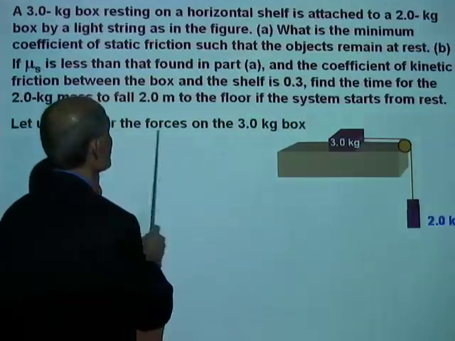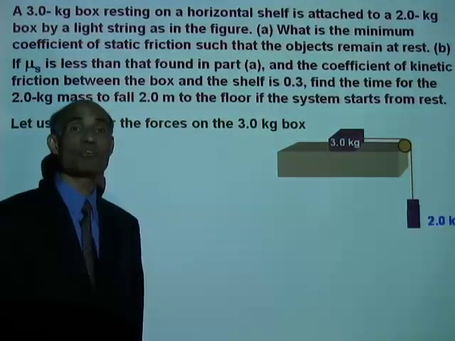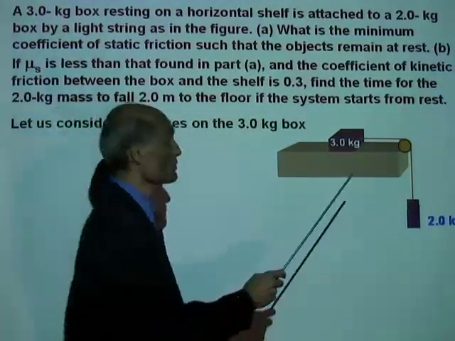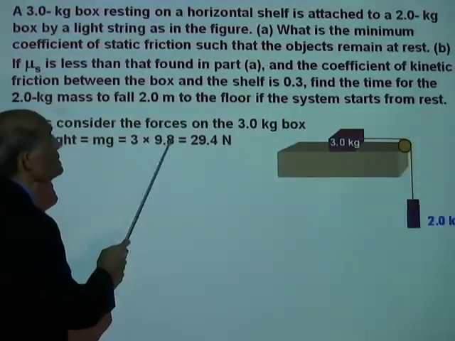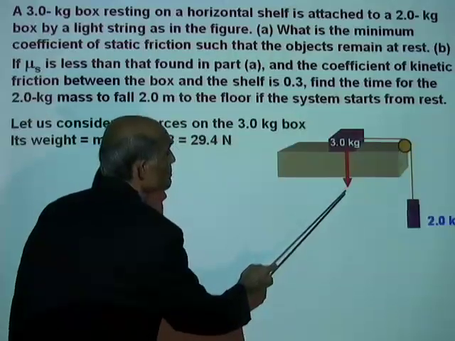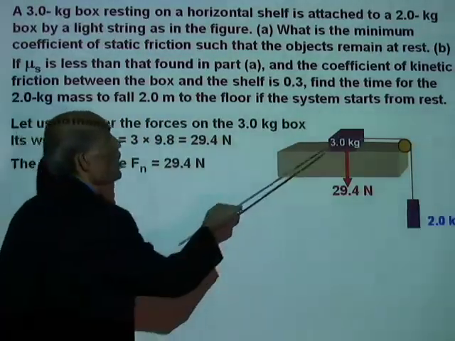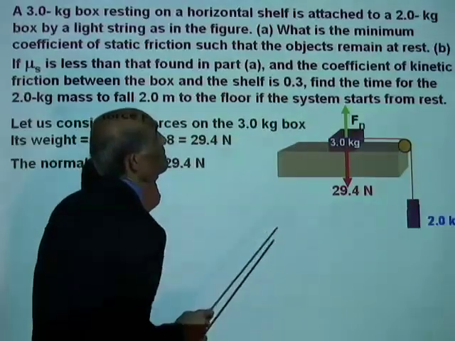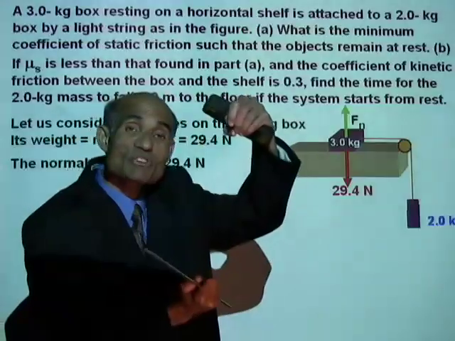Well, let's consider the forces on the 3 kilogram box. What are the forces on the 3 kilogram box? Now, the weight of the box, mg equal to 29.4, will be acting vertically down. And the normal force Fn will be acting vertically up. Now, they cancel each other.